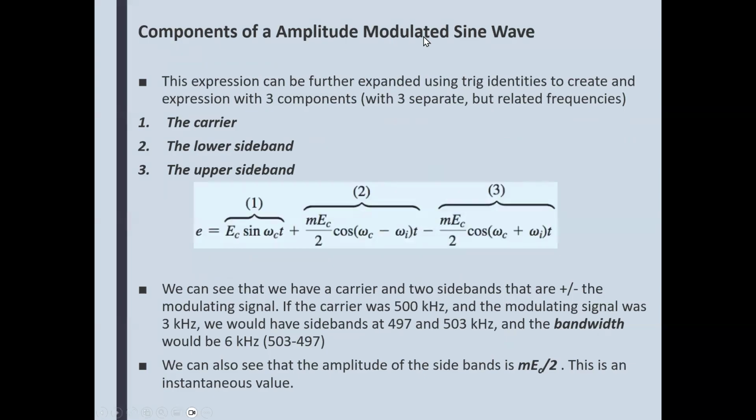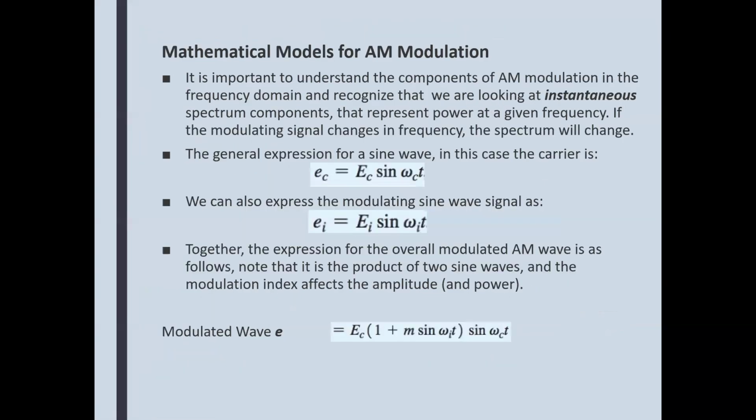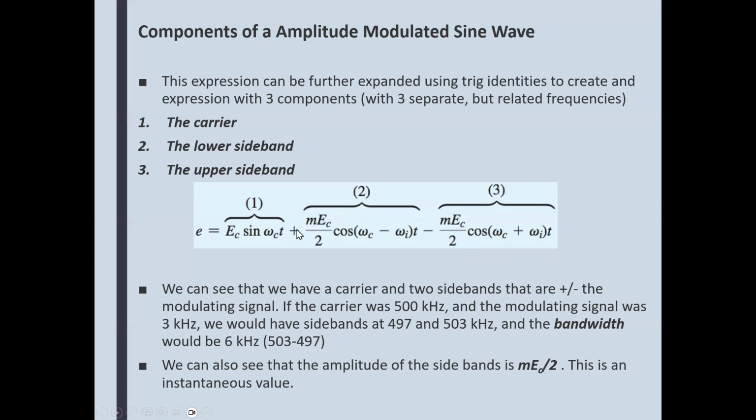Components of the amplitude modulated signal. The expression can be further expanded. That's what's going to come out. Here we are considering the upper sideband and the lower sideband.